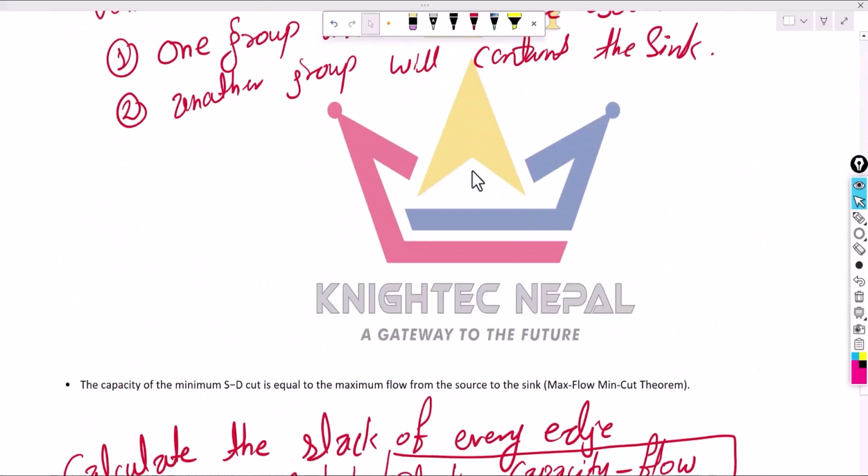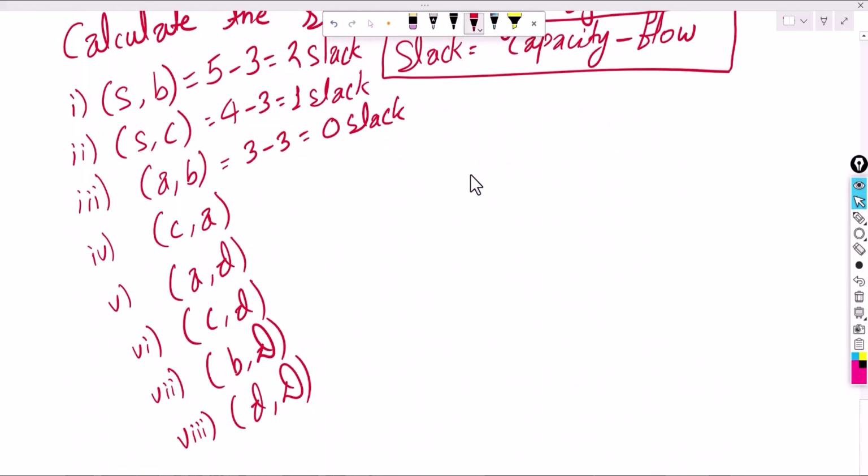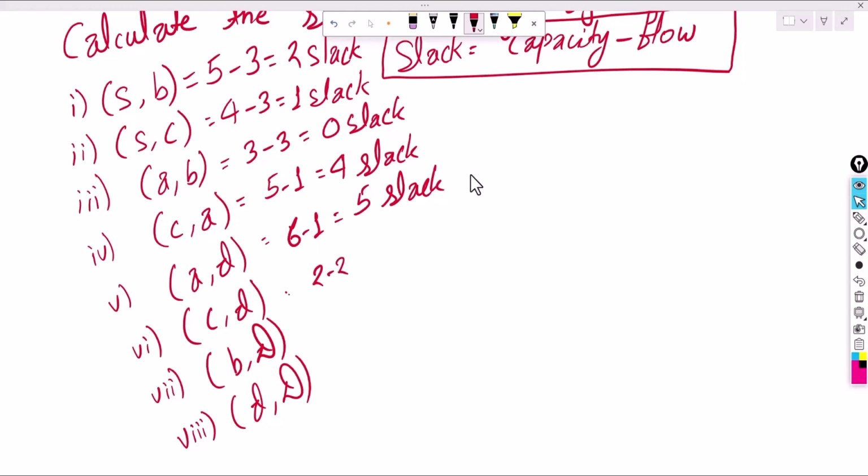So write down all the remaining part. C to A means we have 5 minus 1 equals 4 slack. And A to D means 6 minus 1 equals 5 slack. C to D means 2 minus 2 equals 0 slack. B to D, 4 minus 3 equals 1 slack.